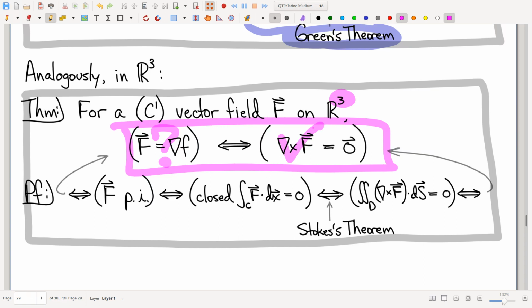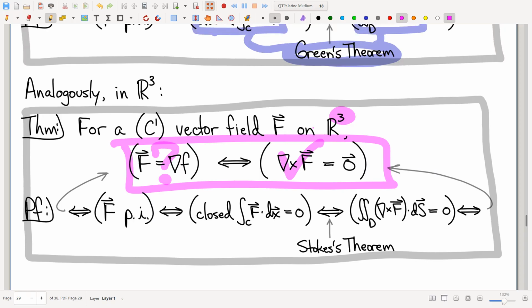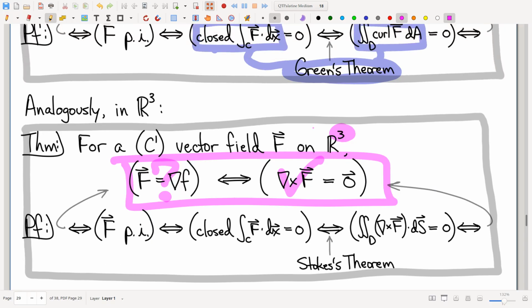Does or does not have an anti-gradient. Should I or should I not search for such an anti-gradient, right? All resolved by just computing curl. And when we made this statement, I kind of said, well, there's good reasons for this, but we don't have the tools. There was a missing theorem that we did not at that time have to work with, and we now do. And it is Stokes's curl theorem.